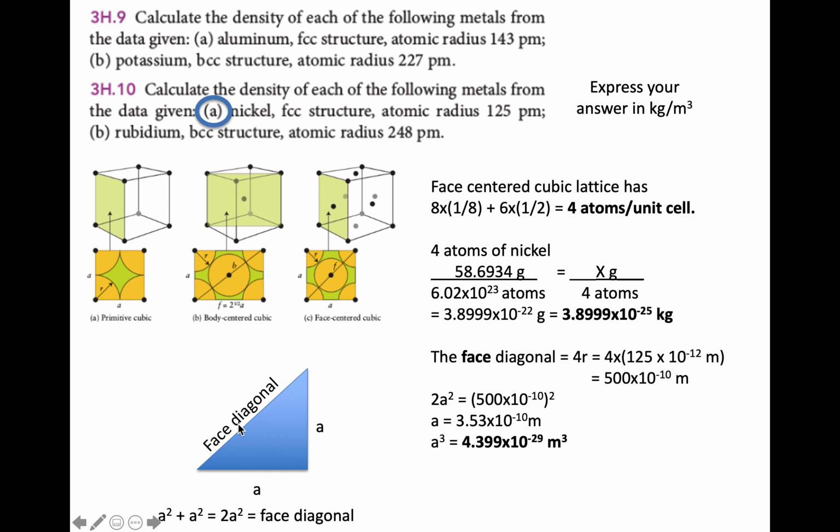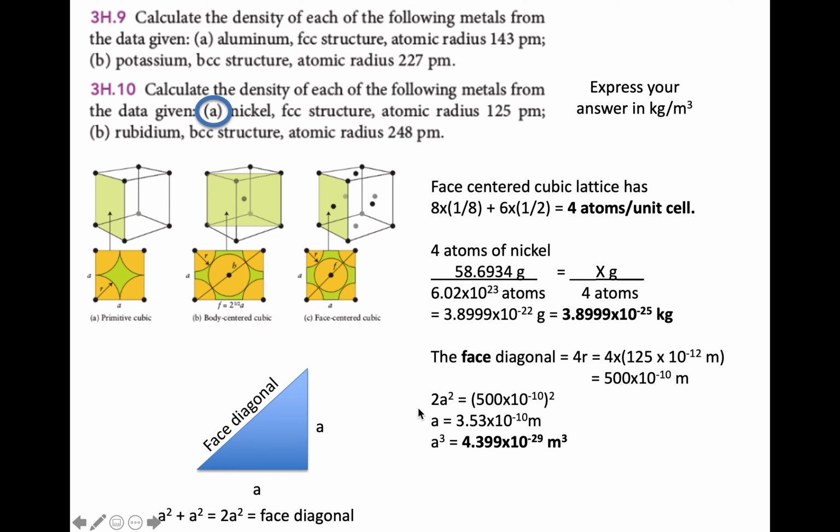This face diagonal would be 4 of the radii put together, because if I look in the image, 1, 2, 3, 4. That's my particular value there in picometers that I've converted to meters.